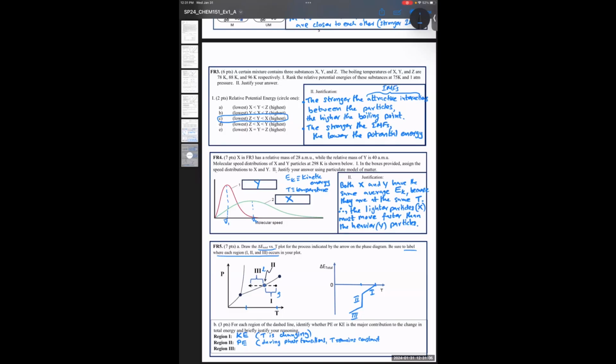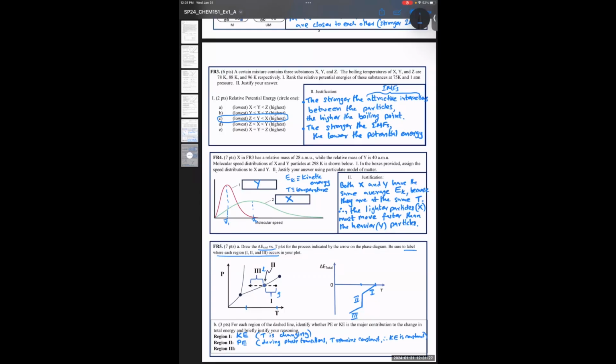Therefore, kinetic energy is not changing; K is constant. So not kinetic energy, only the potential energy is changing.